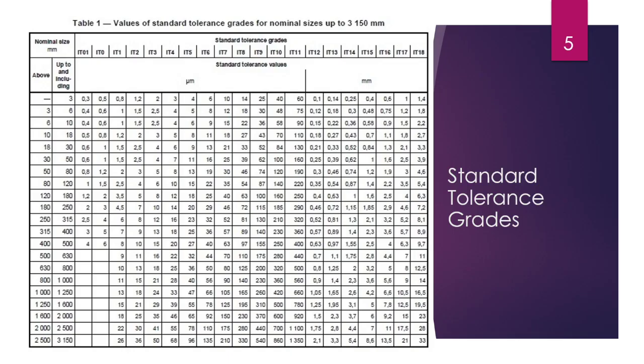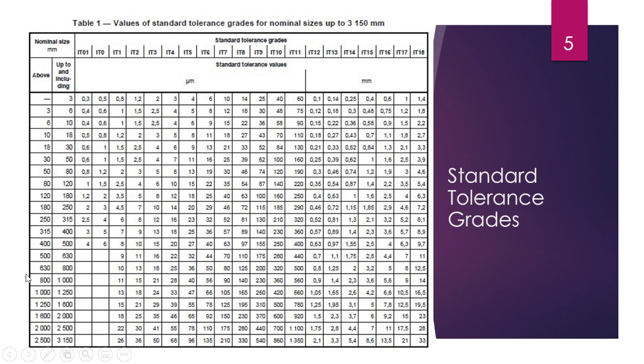Here is the table of values of standard tolerance grades for nominal sizes from 3 up to 100 mm. Here we have our grades, 01, 0, 1, 2, 3, etc., and here we have the dimension.